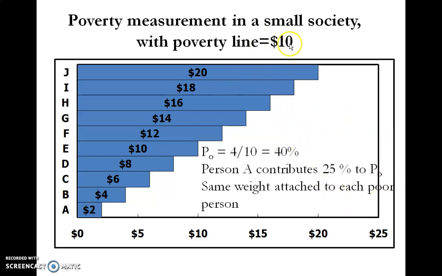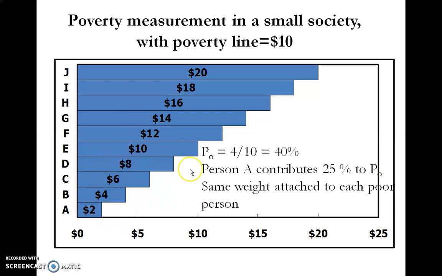Well, let's look at everyone who falls below the $10 poverty line. In this society, there are only 4 people who qualify, persons A to D. Okay? And all of them earn below 10. Person E is not poor because they fall on the poverty line. Remember, we only care about those who fall below the poverty line.